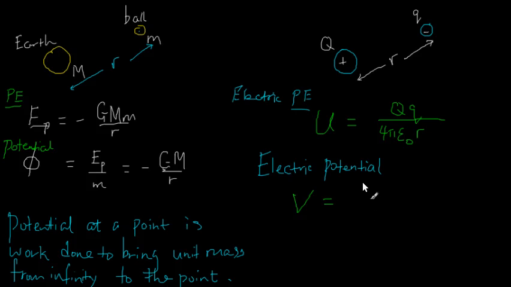It would be the electric potential energy divided not by the mass of that object, but by the charge, divided by q. So this is the formula. It's not for a unit mass, it's for a unit charge. So there's a basic difference between electric potential and gravitational potential. But the idea is the same, except that we talk about charge instead of mass.